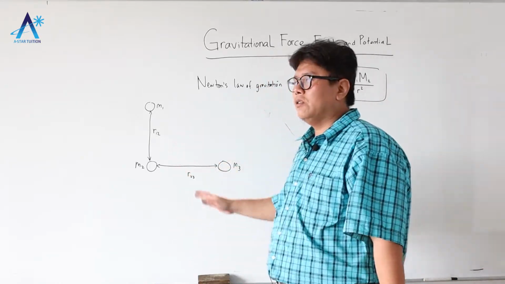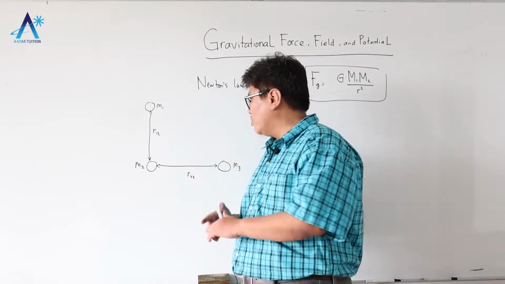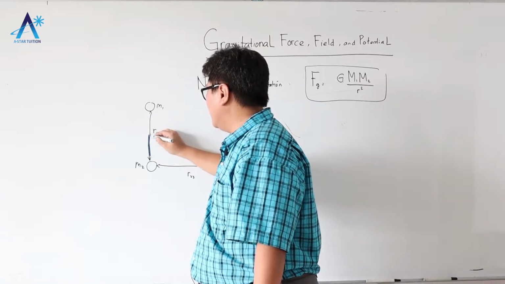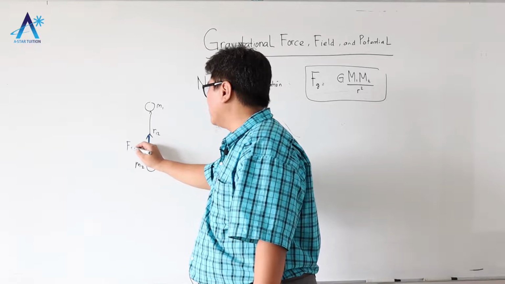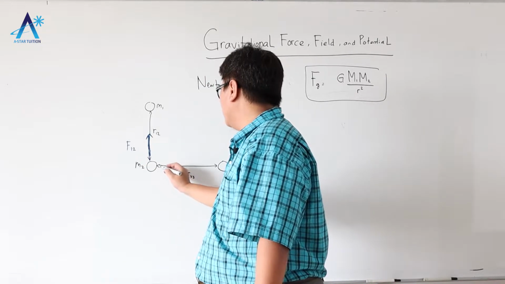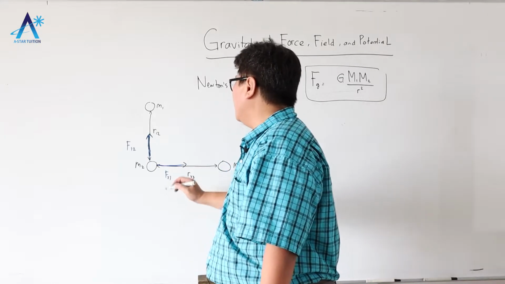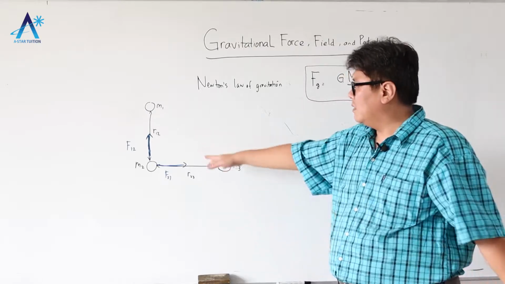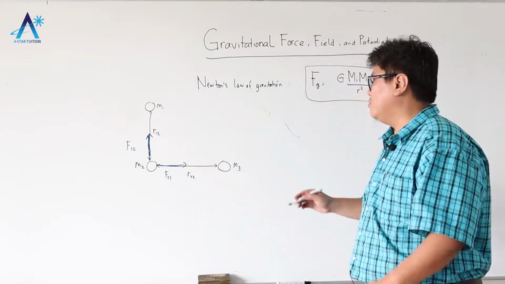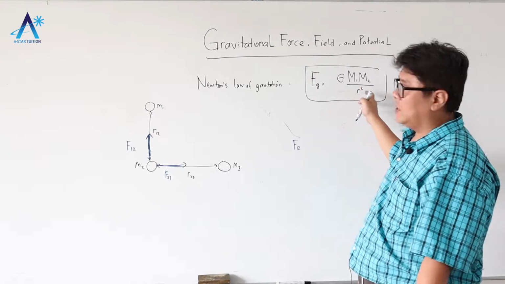In this case it's actually quite simple because remember m2 will be attracted this way, and this is going to be F12, and also attracted to the right due to m3, F23. So the horizontal and the vertical components are already there. All you need to do is to find the force by using this formula.